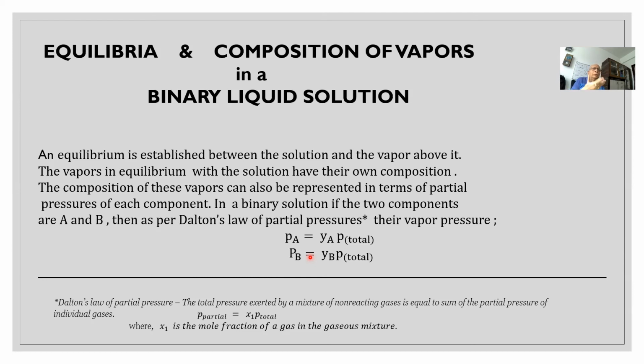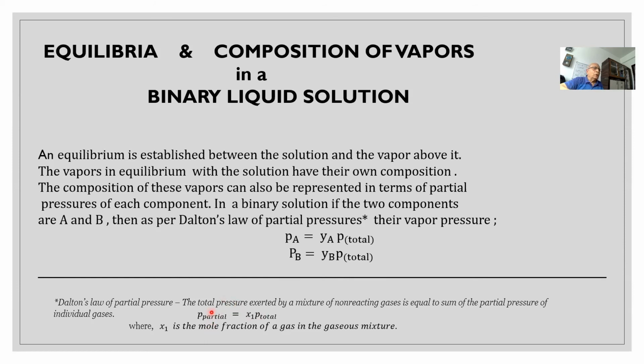So it is, in a way, a mixture of two gases. And then, therefore, Dalton's law is applicable. We need to know about the partial pressure of component A and the partial pressure of component B.